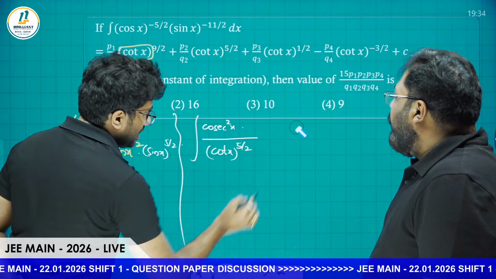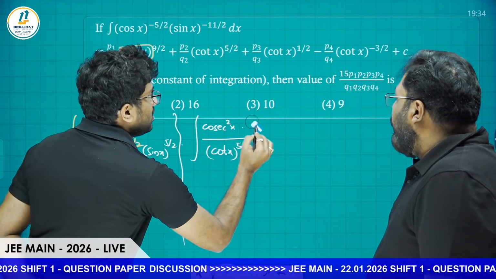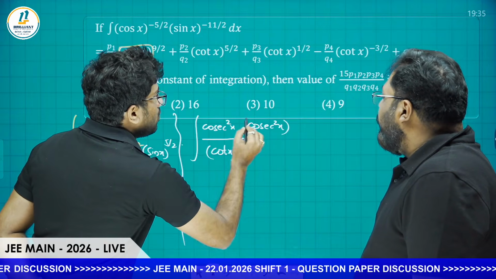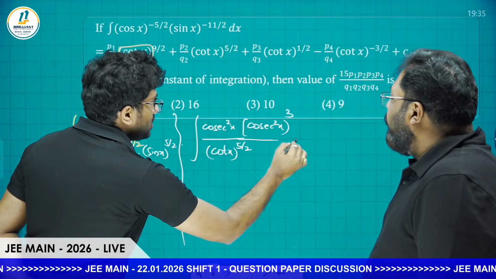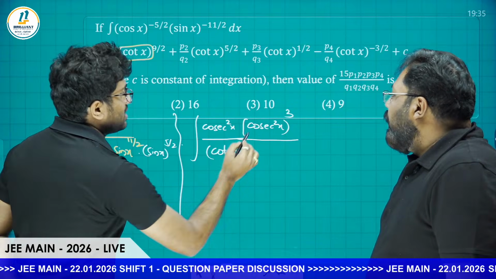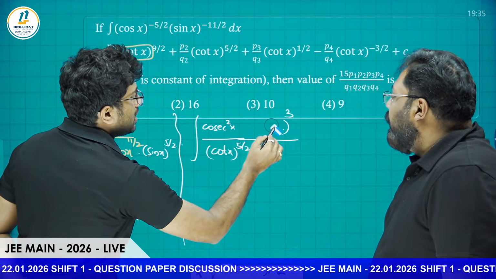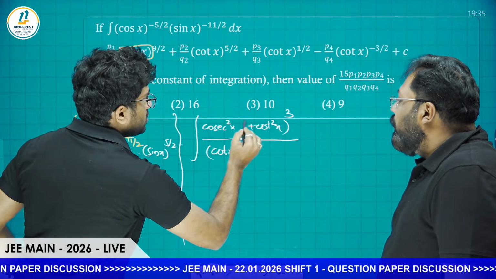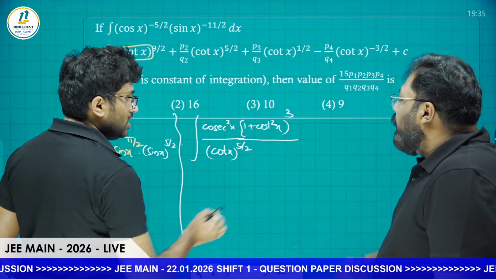Cosecant power 6 x is cosecant square x whole power 3, and cosecant square x is 1 plus cot square x by our trigonometric identity. So 1 plus cot square x whole to the power 3, dx.